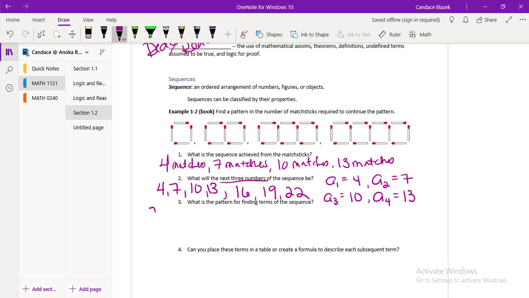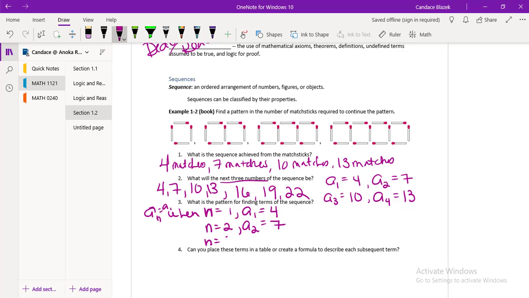Now, if we compare the number of the term with the term itself, we can hopefully come up with a pattern. The term in general would be a sub n. When n equals 1, our term a sub 1 is equal to 4. When n is equal to 2, our term a sub 2 is 7.